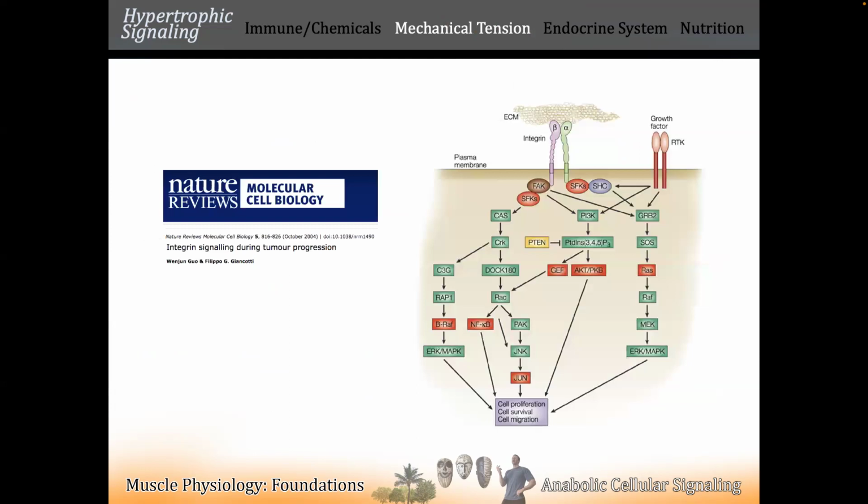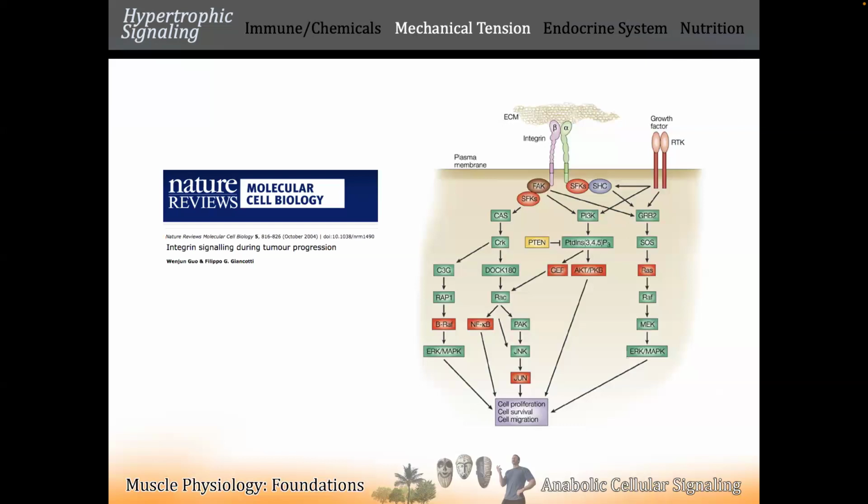So here we're looking at signaling through the integrins, and they provide an upstream signal for mTOR activation. You see FAK, right? That's focal adhesion kinase. Downstream from that, you see PI3K signaling, and you see MAPK signaling on the far right.